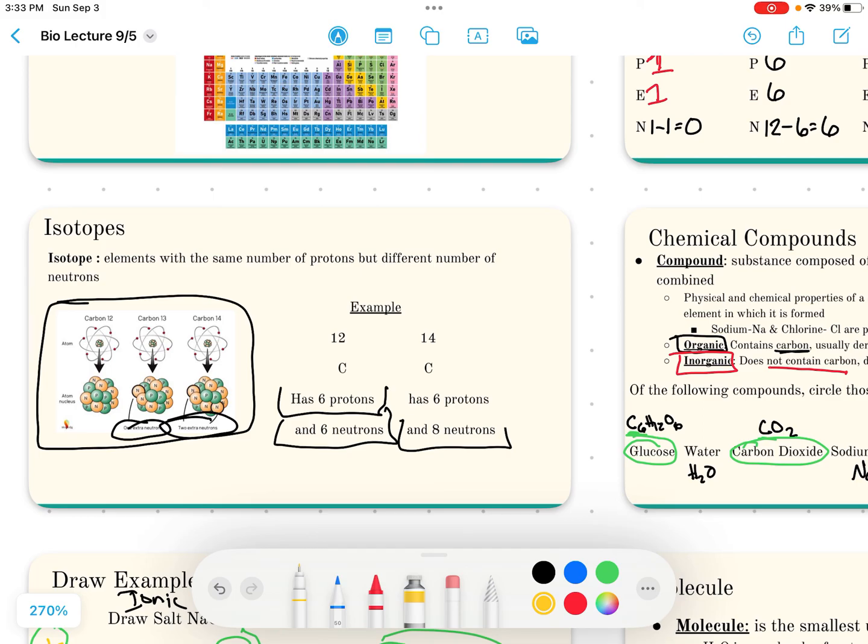We can use these to help us figure out how many neutrons there are. You just take your atomic mass minus your protons, or your atomic number, and that'll give you your number of neutrons, just like what we did before, but this time the atomic mass will be given to you.